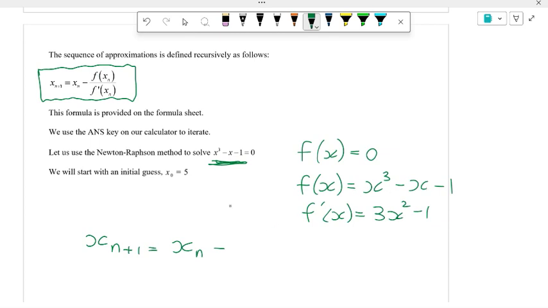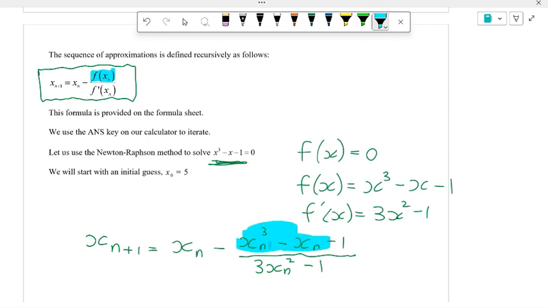I'm talking about this top piece here. So it's going to be xn cubed minus xn minus 1. And on the bottom, we're going to have the derivative evaluated at xn. So in other words, it's going to be 3xn squared minus 1.